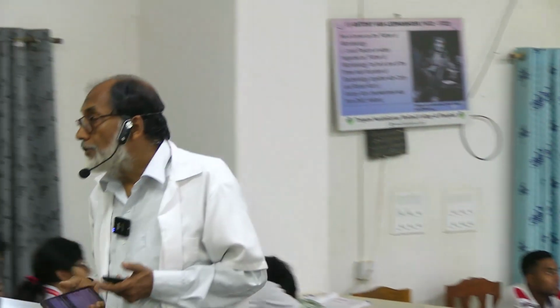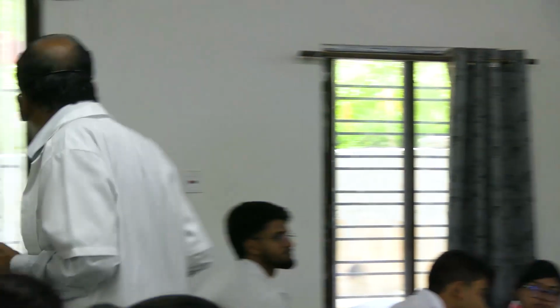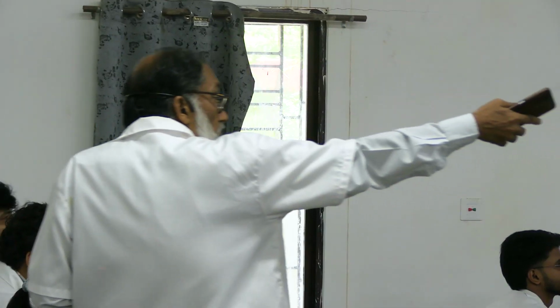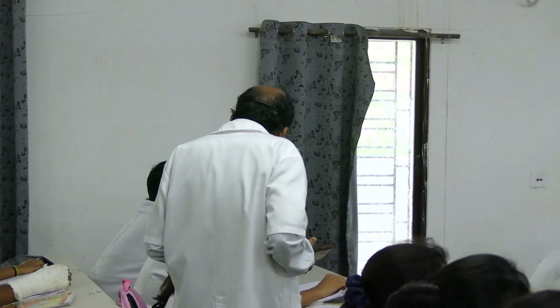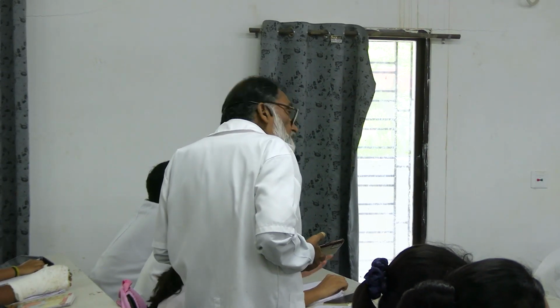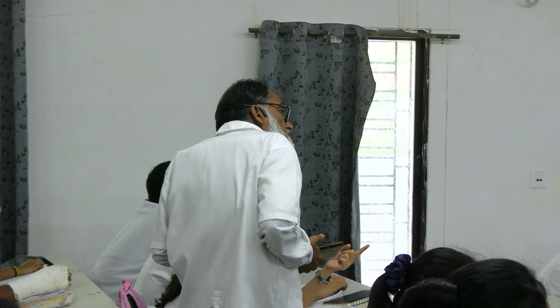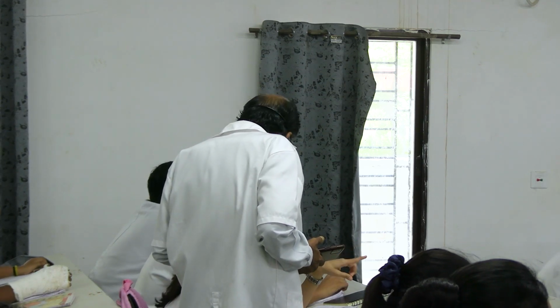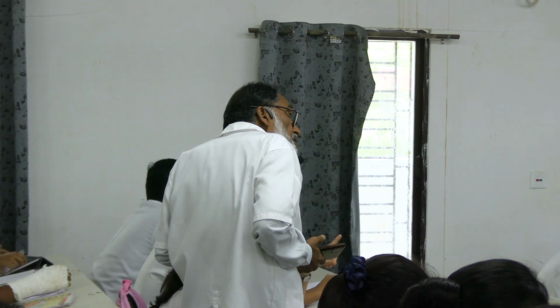Now tell me, medial surface. You tell me. On seeing this diagram, the medial surface is related to which structures? Sir, trachea? No, trachea not. Inferior thyroid artery.